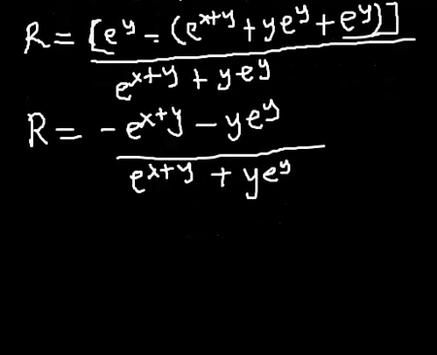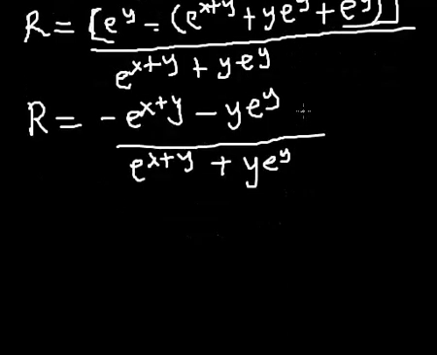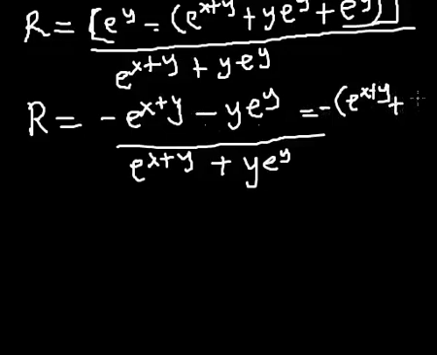Let's flow. For me to be able to cancel this, the numerator and denominator have the same thing, but the only difference is that this plus here is not in the numerator. So I will factorize: I take the minus out, then inside I will have e^x, and since the minus is already outside, the minus here will be replaced by plus, so that will be plus y e^y.